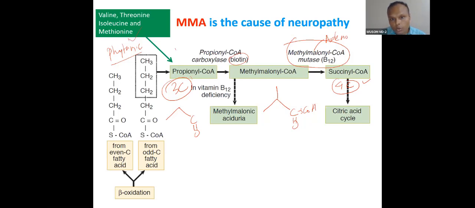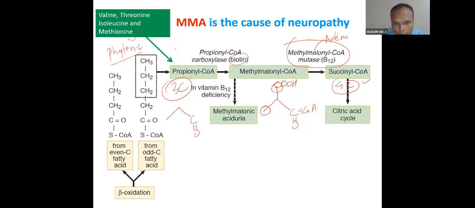You can see 1, 2, 3, 4, 5. This is called methylmalonyl coenzyme A.